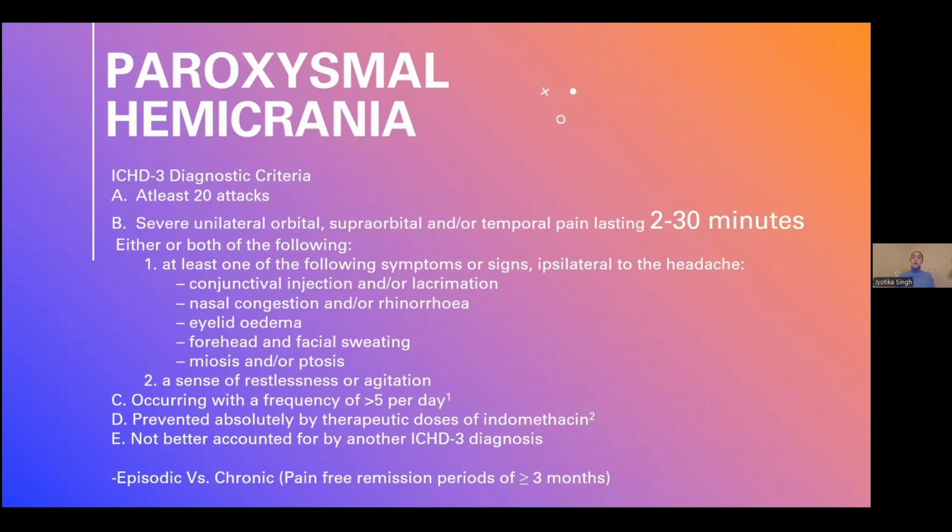If you take this medicine and your headache goes away completely, that's part of the criteria, and that is indicative of you having this specific headache disorder called paroxysmal hemicrania. Part of the criteria is also that you don't meet criteria for a different headache disorder. This also comes in an episodic and chronic form. The episodic form is the one where you have at least 3 months of no pain.